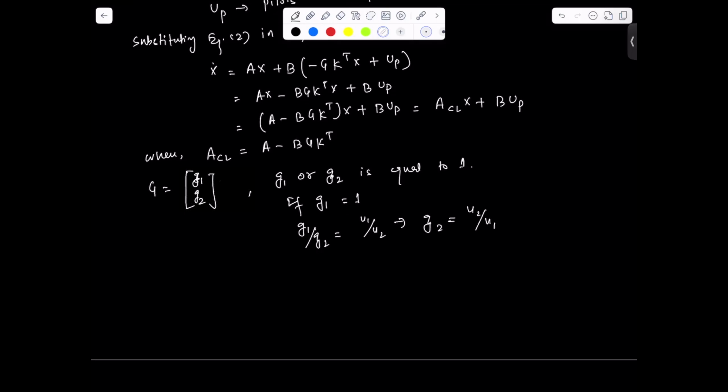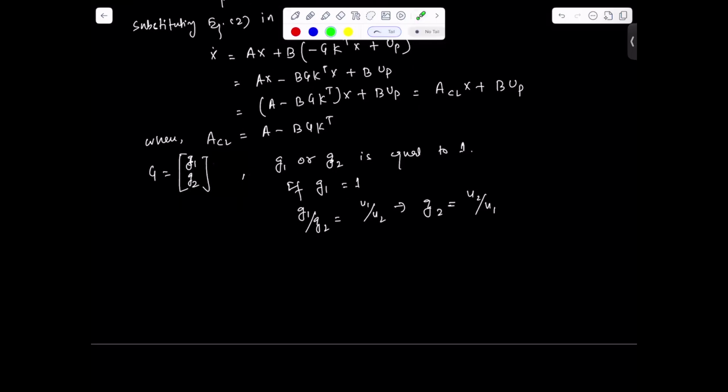This is how we can define it, and we'll have an example shortly on how to build this problem. So this is how we'll be choosing G. Basically, in our problem, G1, G2 is known to us.